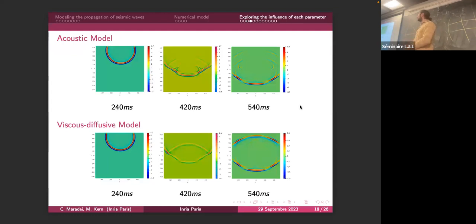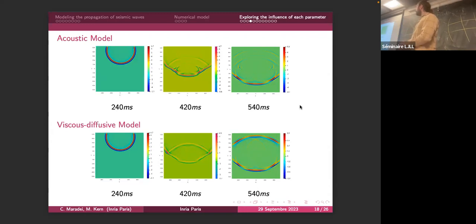At the top, we have 3 snapshots for the acoustic model, and at the bottom, it's for the viscous diffusive model. We see that even for the acoustic model, because we have this decrease in speed, something is happening at the second and third time steps. The amplitude is decreased, but we still really have reflections.